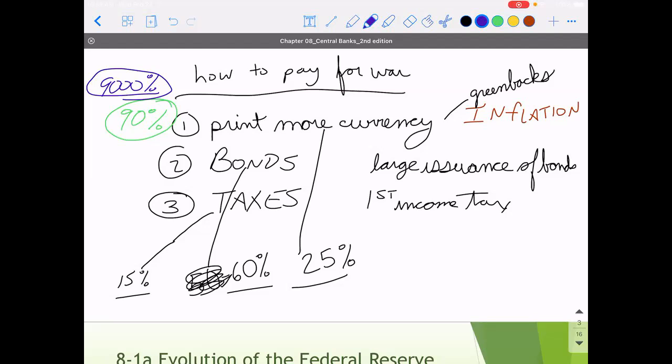I'm saying all this, so let's go back here. Why does this matter for why we talk about central banks? Because the issuance of bonds and the printing of more currency was only possible because there was the establishment of a national banking system.